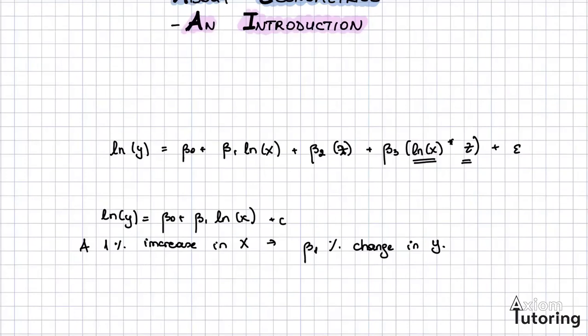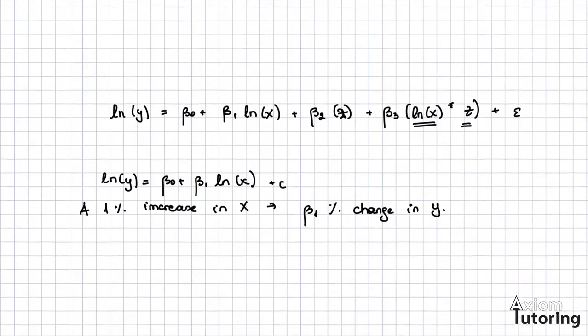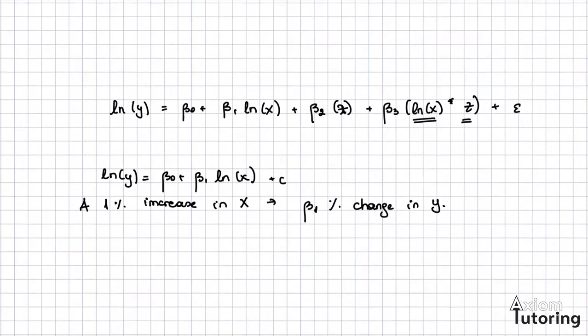Keep in mind, in the log level case, a unit increase in x gave a varying percentage effect. Here, a percentage increase in x gives a varying percentage effect. That's the elasticity interpretation, and now that also varies too. So what if we applied the same concepts that we have seen everywhere with the differentiation, but now with respect to ln x?